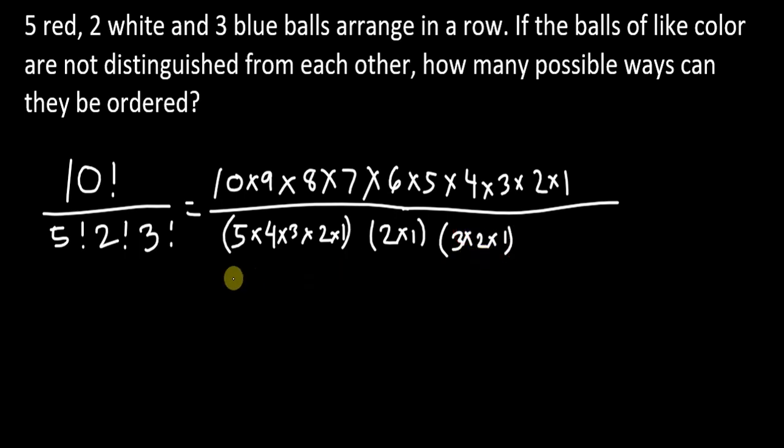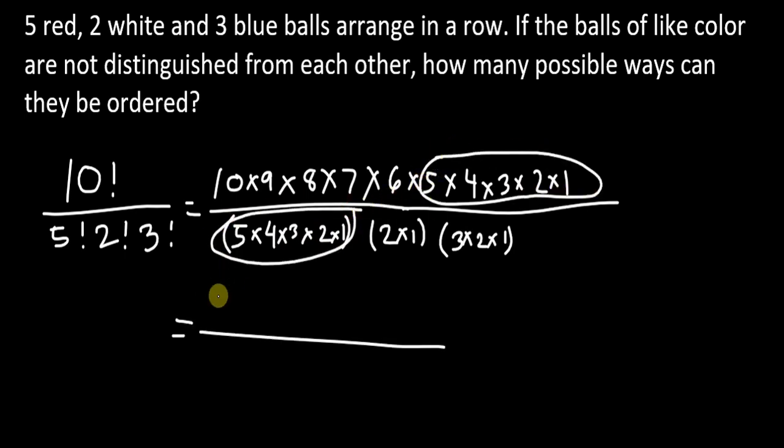Since, meron tayong ditong 5 times 4 times 3 times 2 times 1, so pwede natin i-cancel dito. So, that is just 10 times 9 times 8 times 7 times 6 over, matatanggal lang itong 5 factorial. So, that is just 2 times 1, which is 2. Tapos, 3 times 2 times 1, which is 6.